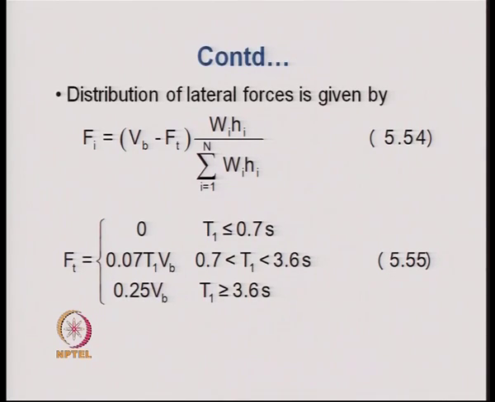The second difference is that on the left hand side, in place of VB it is VB minus FT, where FT is given a value of 0 for time period less than 0.7 second, is equal to 0.07 V for time period ranging from 0.7 to 3.6 second, and for time period greater than 3.6 second it is 0.25 VB.